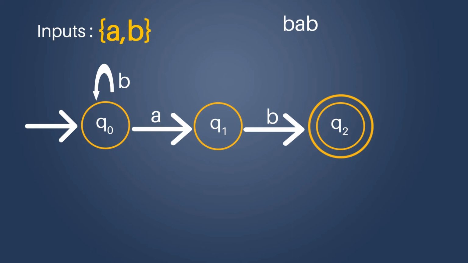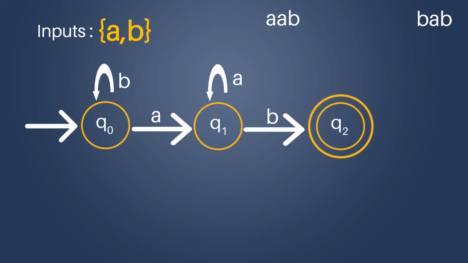Now Q1 state has to be expressed with both the inputs. We have expressed Q1 state with respect to input B. Now we should be expressing it with respect to input A. So I'll try if we can write a self loop here. I'll write a self loop on Q1 and name it A. So let me consider this string AB.